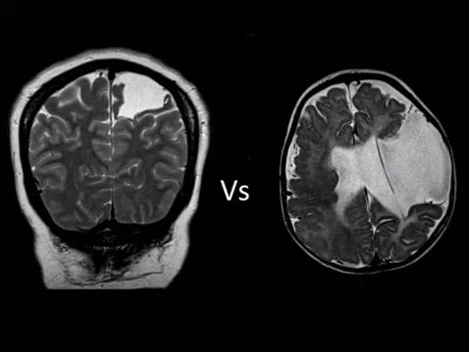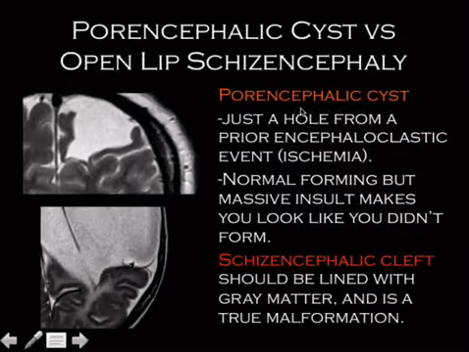The gray matter is not lining this. There's white matter lining it. This is basically just a hole from prior encephalomalacia or ischemia. In other words, you had a normal brain there, then you had an infarct in utero, and it took it down. So look for the gray matter lining the cleft to be able to call it schizencephaly.